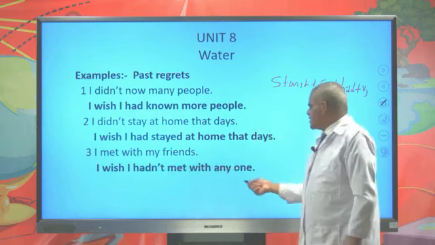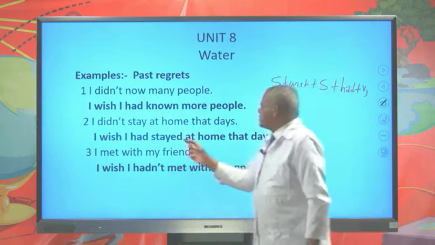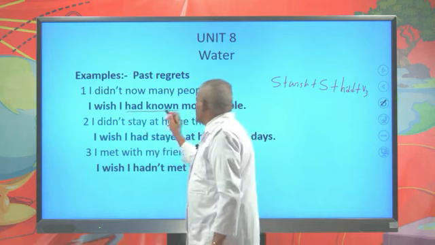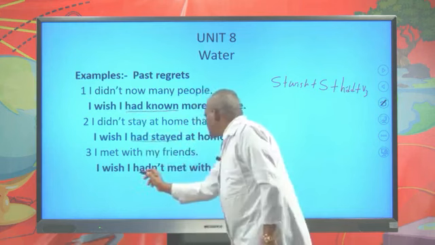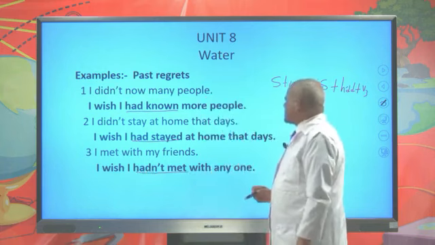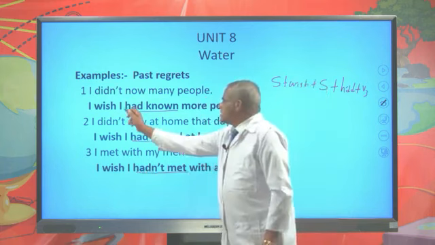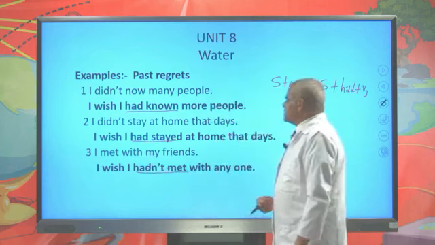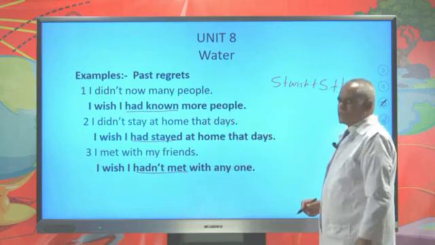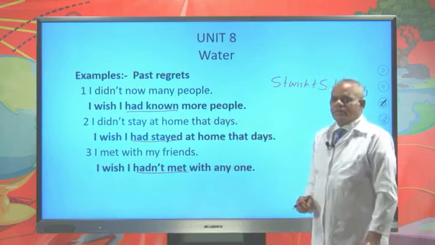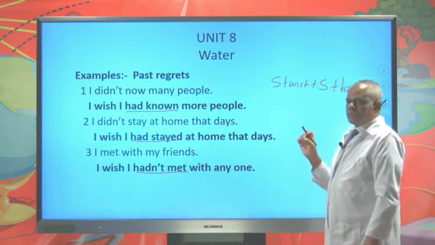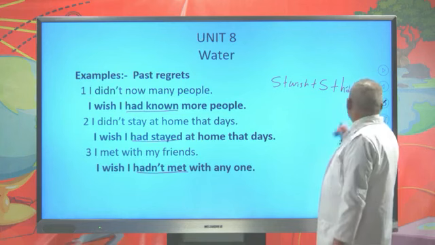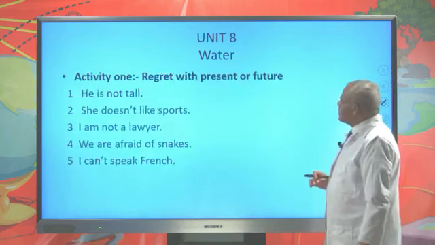I wish I hadn't met with anyone." Look at the forms here: "had stayed," past perfect tense; "hadn't met," past perfect tense. So subject plus wish plus subject is the same. When you regret in the past, you can make your sentence in this way. Good.